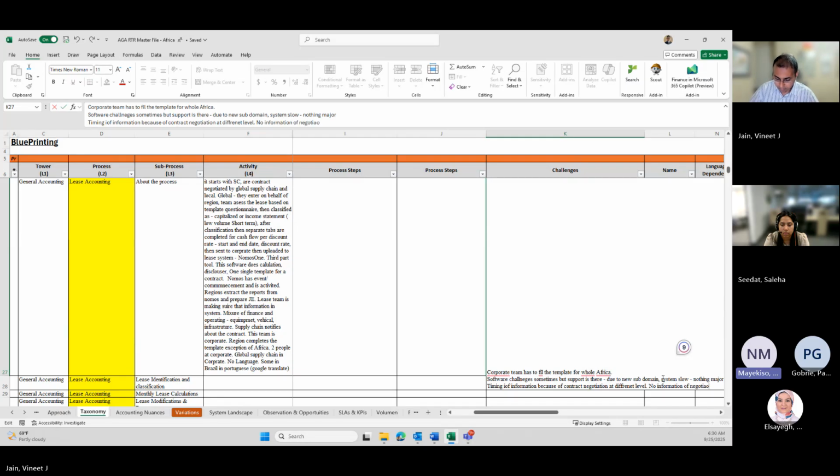And from a timing perspective, we're not able to process the transactions in their respective months, as and when it's happening, because we get information late. An example would be in Iduaprim, we had one of the leases where there was a rates negotiation that was done, and we only received the signed amendment 2 years later.